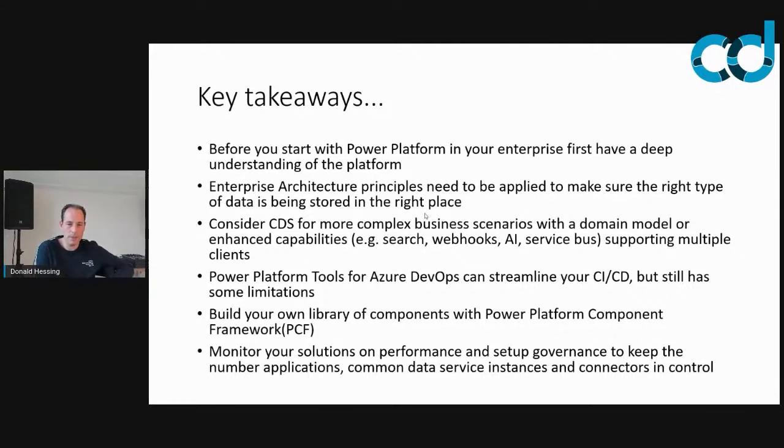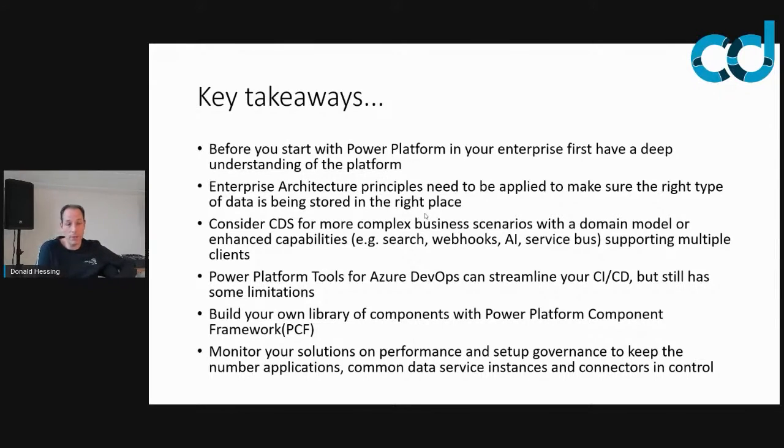Start with implementing your CI/CD pipeline so that you can move your solutions from dev, test, and acceptance environments. And the Power Platform Tools now gives you at least some improved capabilities to also take into account the connections. What we typically do, and we'll also see enterprises doing, is building a component framework on top of it so that they give a bit more power to the citizen developers.